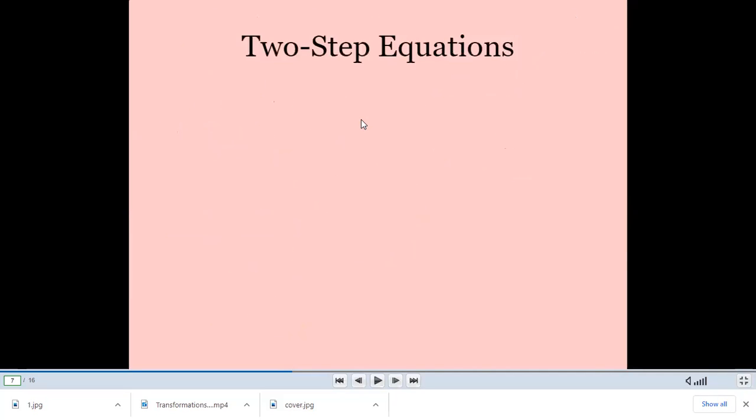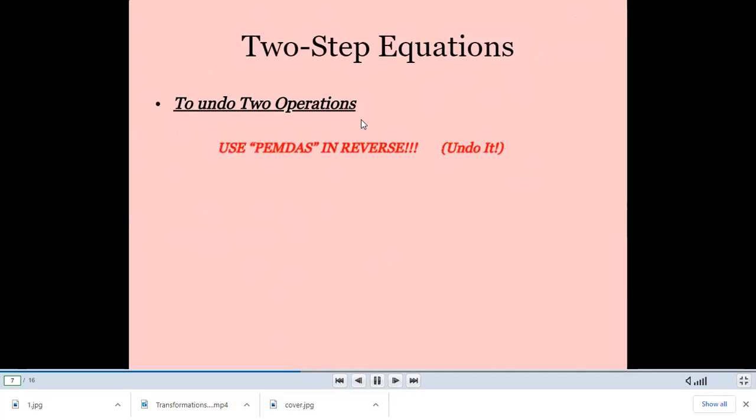So, two-step equations. To undo two operations, we use the order of operations. Do you remember BIMDAS? Do you remember, please excuse my dear Aunt Sahar? Parentheses first, and then exponents, and then multiplication, and then division, and then addition, and then subtraction.